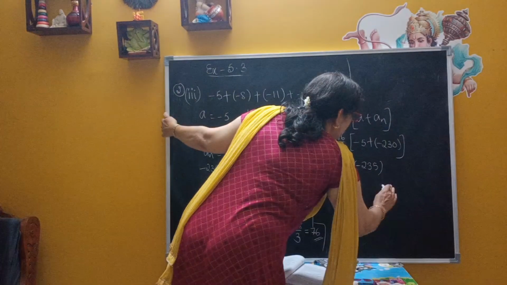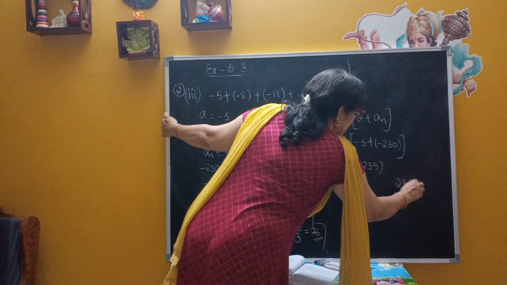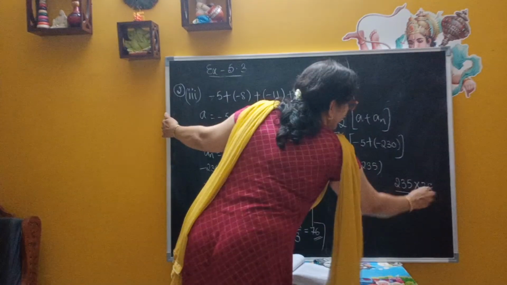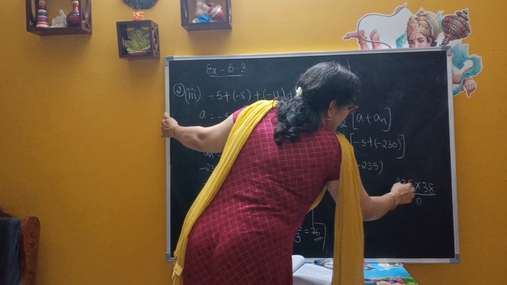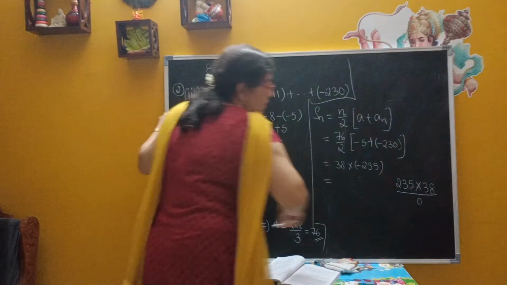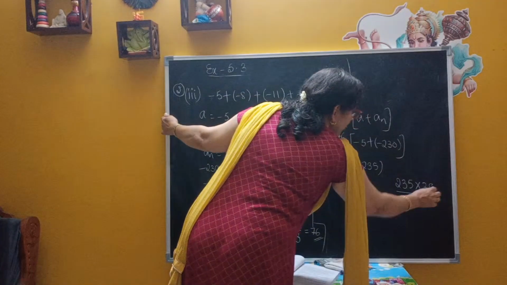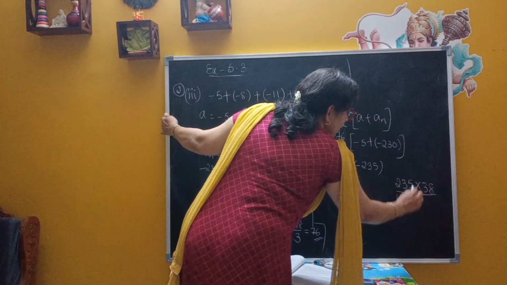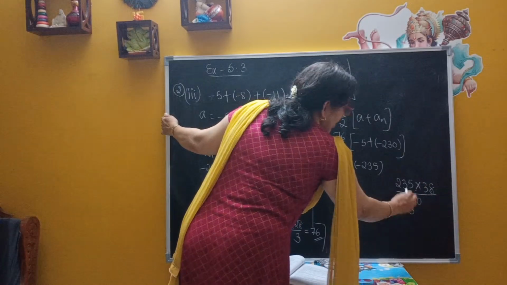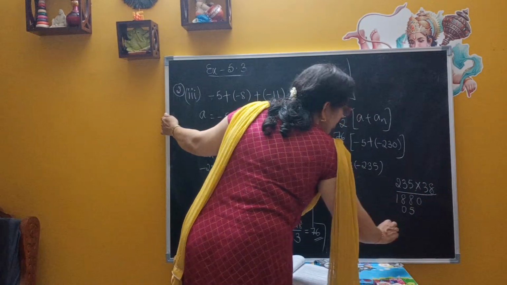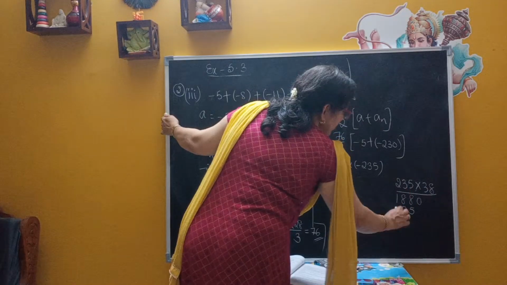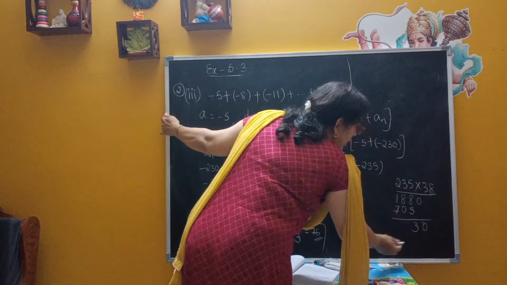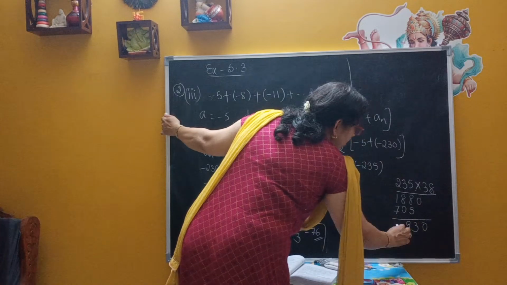Okay, that is my 235 into 38. What do we get? 8 5s are 40. 8 3s are 24 plus 4, 28. 8 2s are 16 plus 2, 18. 3 5s are 15. 3 3s are 9 plus 1, 10. 3 2s are 6 plus 1, 7, 0, 13, 9, 8.